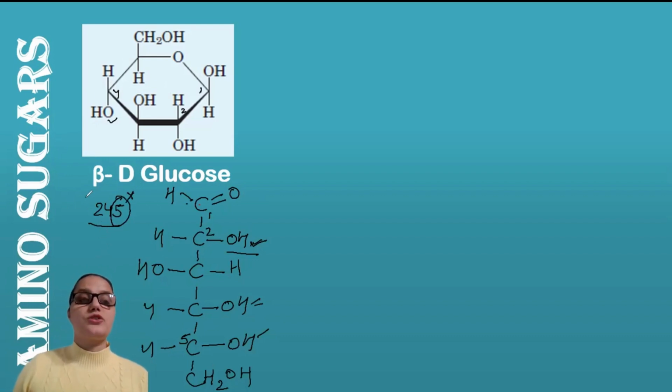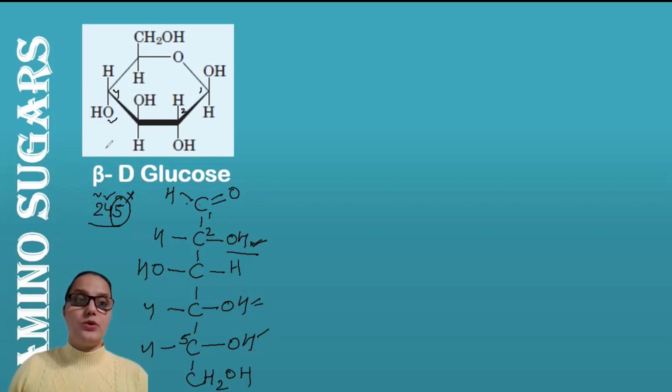So for the cyclic structures, the first two positions matter, which means that on the cyclic structure of glucose, at position number 2 and 4, OH should be directed downwards. So over here, this is a pyranose ring, and in this pyranose ring at carbon number 2 and 4, OH is directed downwards.